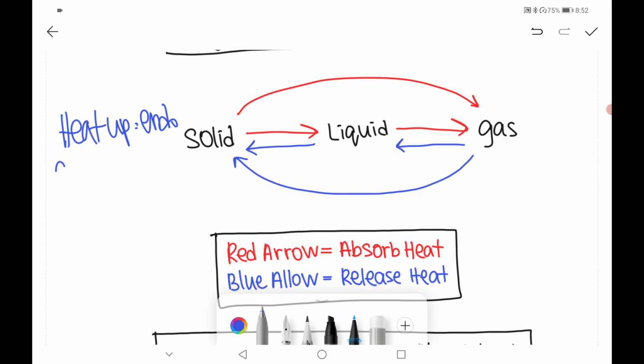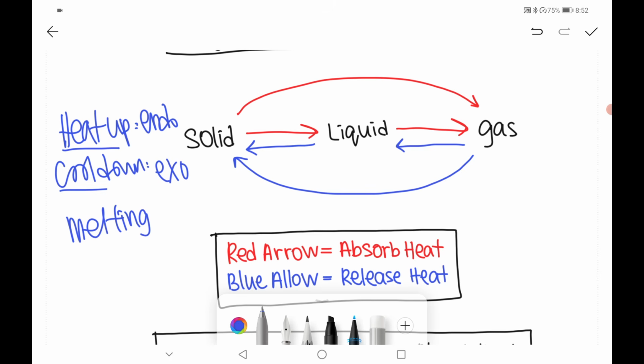If you need to cool down, it is exothermic. Imagine melting is endo or exo. When you want to melt the substance, you need to heat up or cool down? You need to heat up, so it is endo.